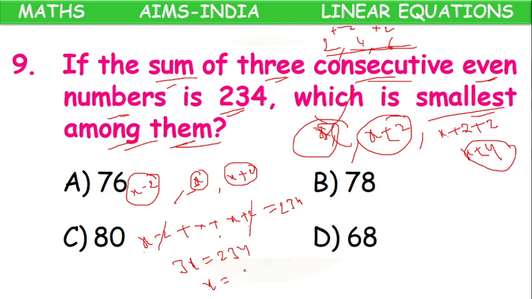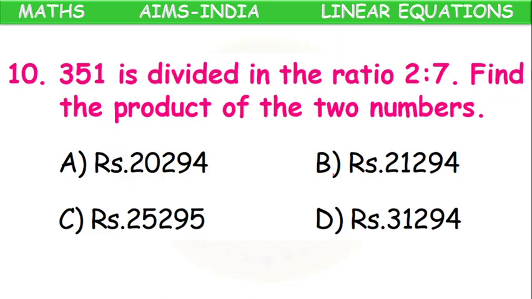So then x equal to 234 by 3. 3 7 times 21, 2 remaining, 24, 3 8 times 24. So x is 78. B option, 78 is the right answer. Next.